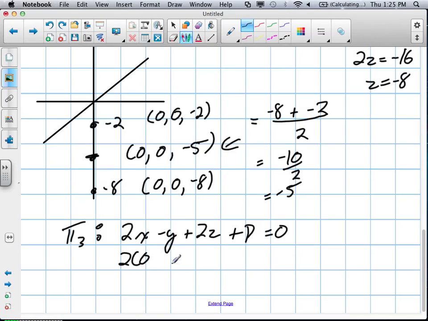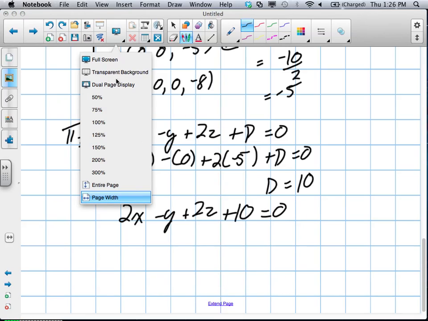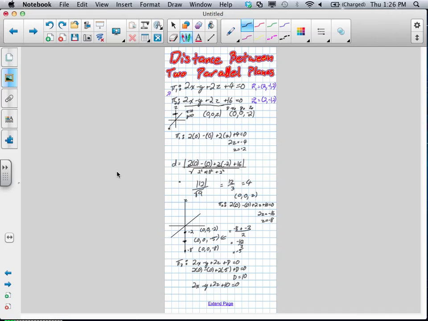So 2 times 0 minus 0 plus 2 times negative 5 plus d equals 0. Well, we're going to get negative 10. D is equal to the value of 10. So their equation is 2x minus y plus 2z plus 10 equals 0. That would be the equation of the third plane in this question.